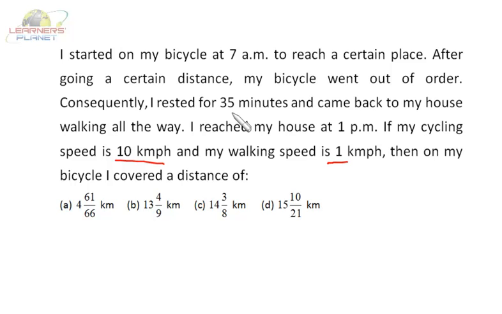That means he is covering the entire distance in 5 hours, 25 minutes. So 5 hours and 25 minutes, or we can say 5 into 60, that is 300 minutes and 25 minutes, that is 325 minutes.